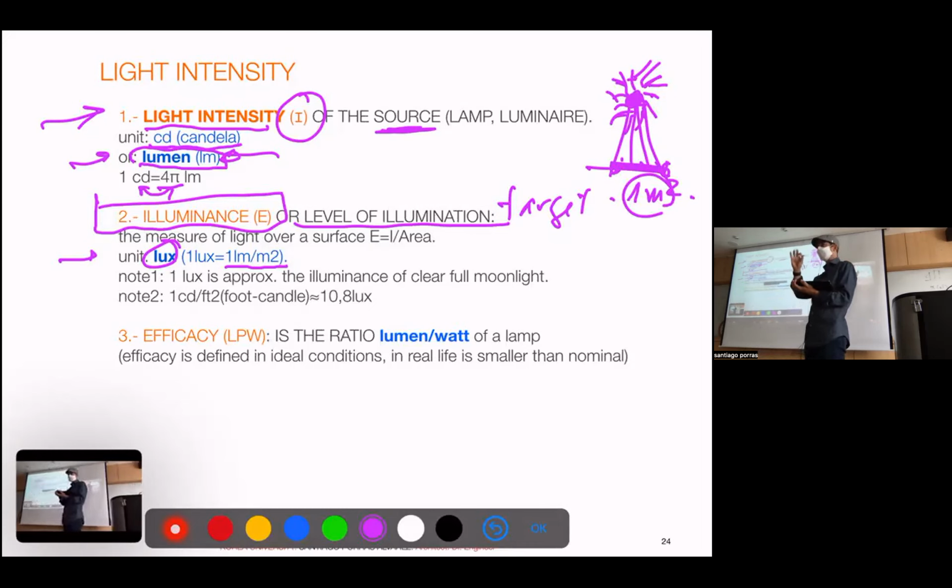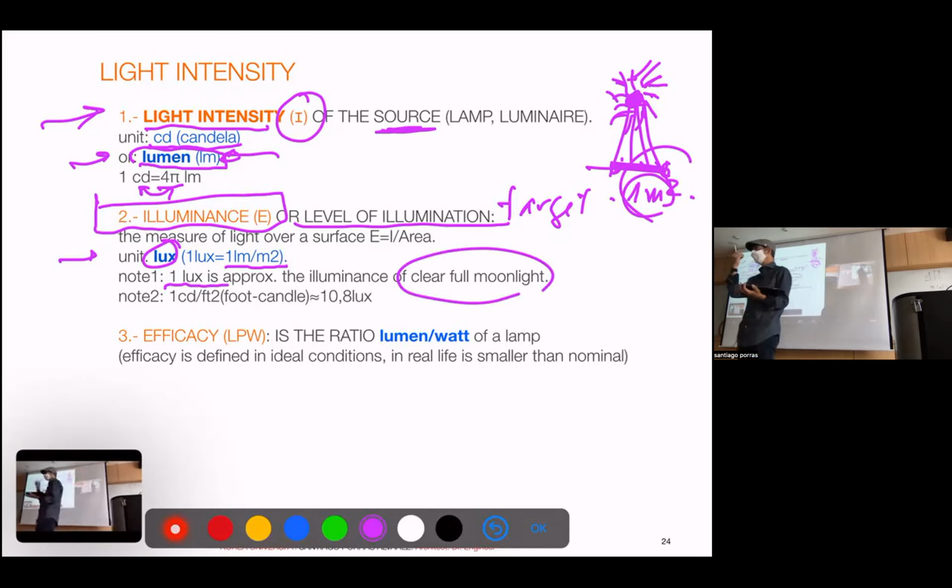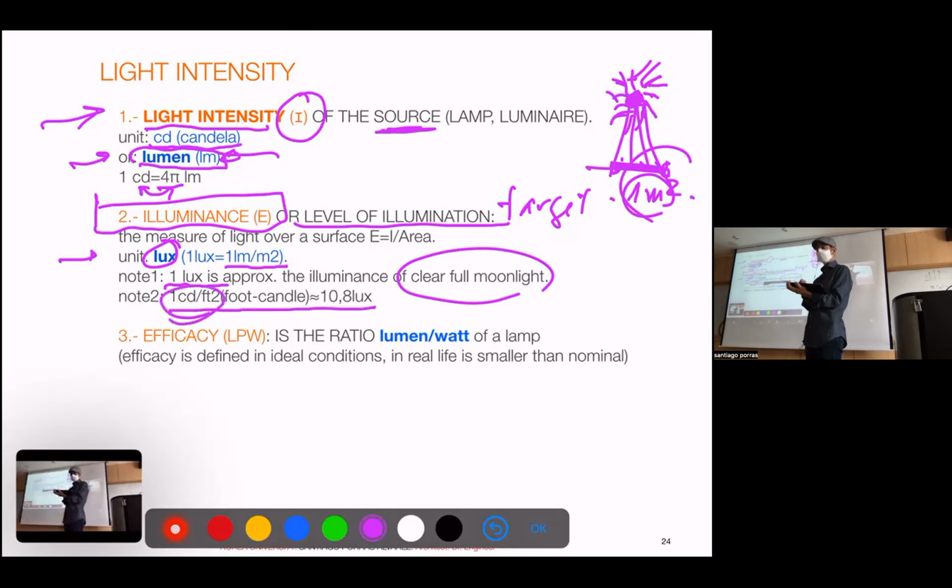We'll see how we calculate. 1 lux is approximately the light of full moonlight. With 1 lux, if our vision is not impaired, we can see quite well, but we are missing a lot of detail.